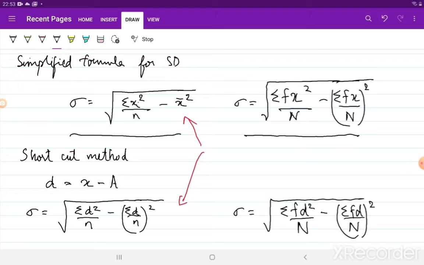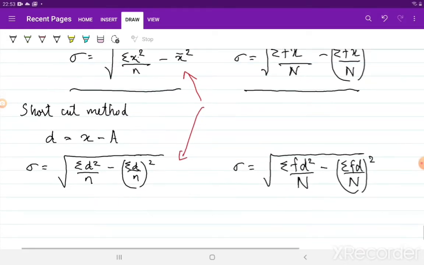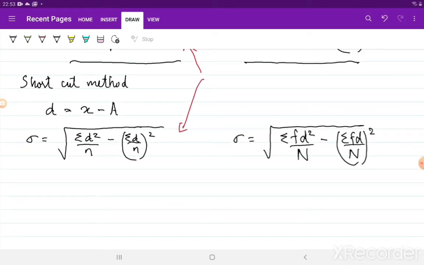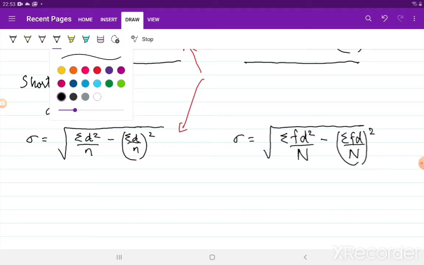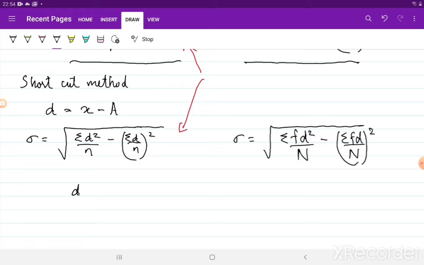Now, if you have got a continuous series frequency distribution, that is, you have got class intervals 0 to 10, 10 to 20 and so on, and you have the corresponding frequency, you can actually modify the d.